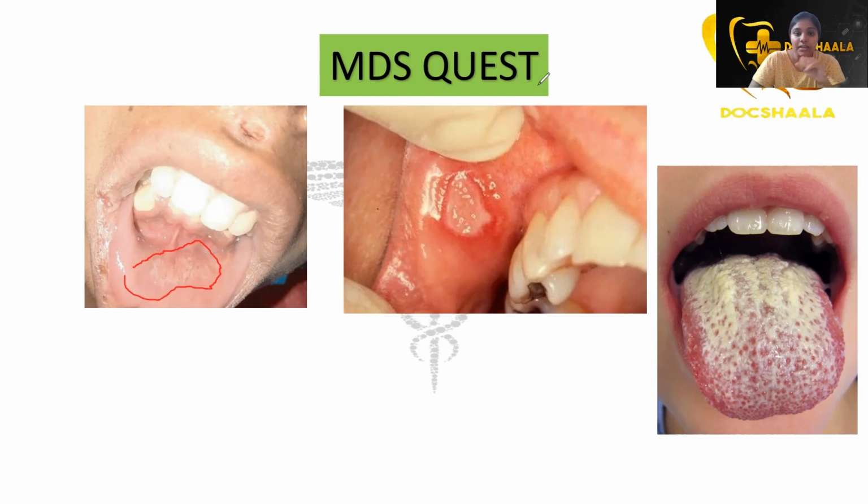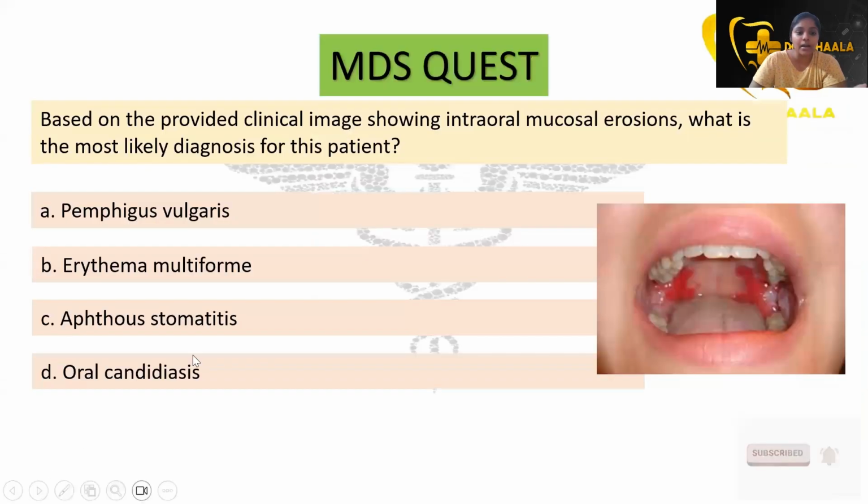So these are the main important signs you can remember with these diseases. With this in mind, you can come to the answer that it is pemphigus vulgaris. You have to remember the clinical pictures, how the lesions are. It is not only for these; it's important for every other disease that you see.